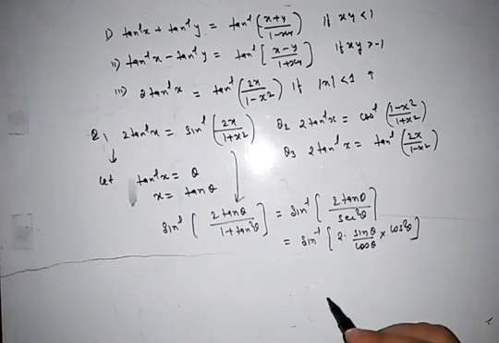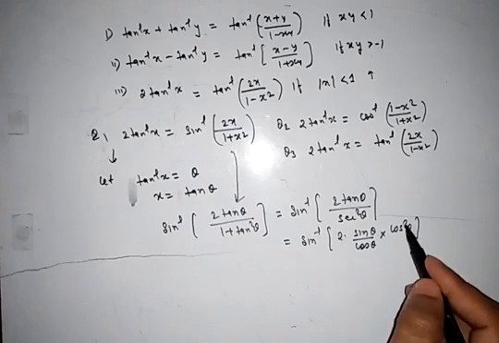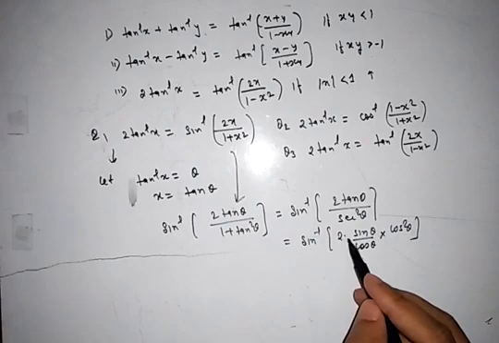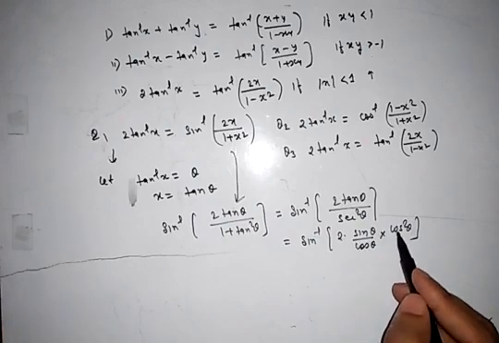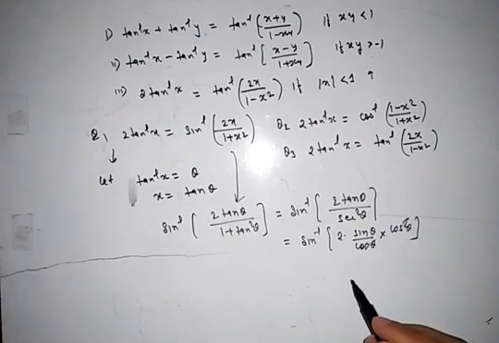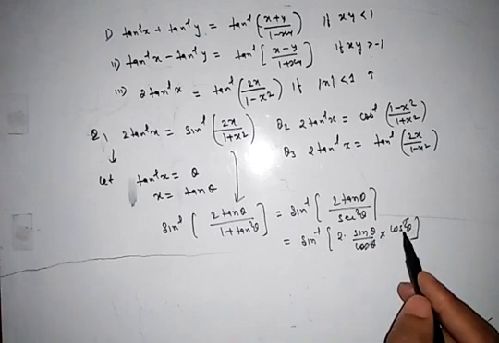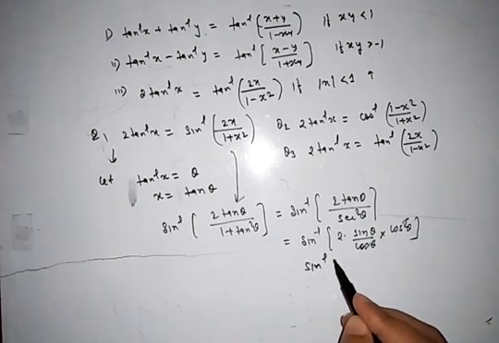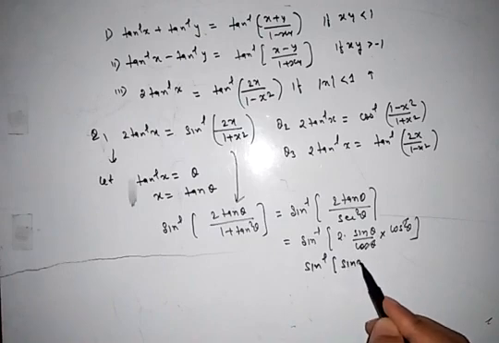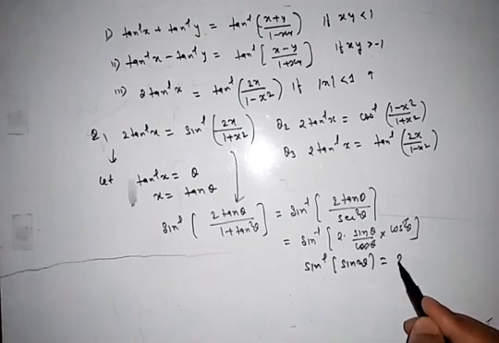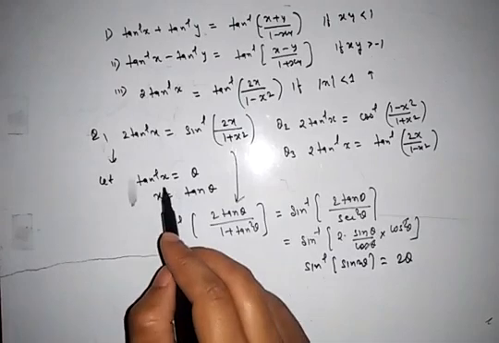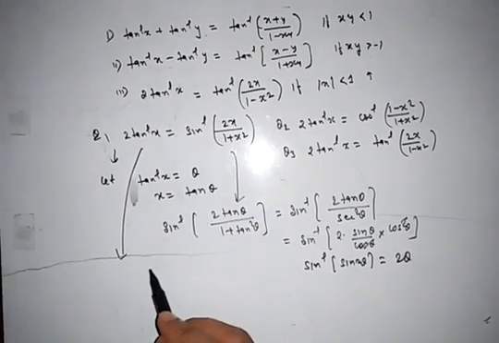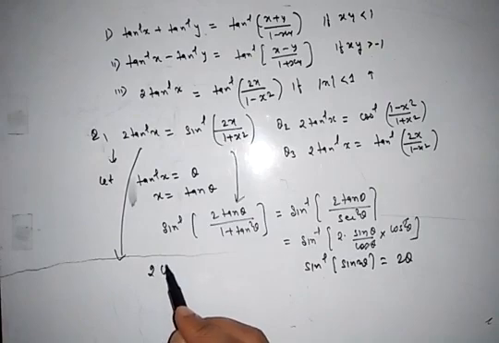One cos cancels out, and you will get twice of sine theta into cos theta, which is nothing but sine 2 theta. So sine inverse of sine 2 theta is nothing but 2 theta. On the left side you put tan inverse x as theta, so twice of tan inverse x is nothing but 2 theta.